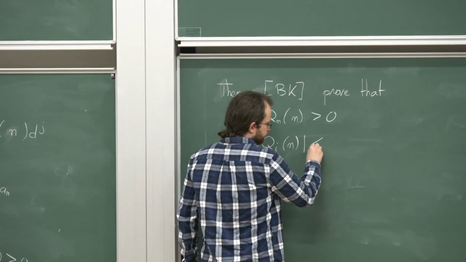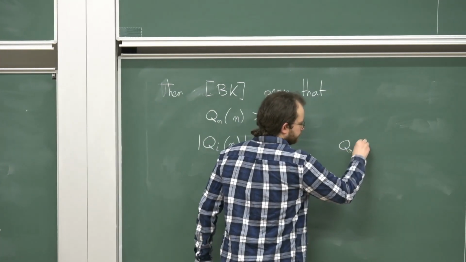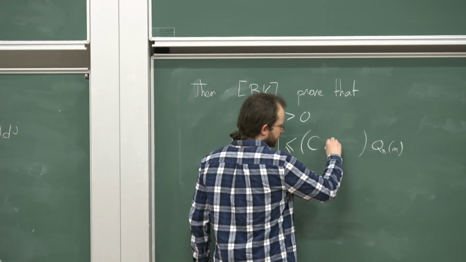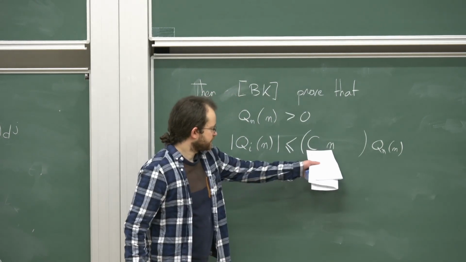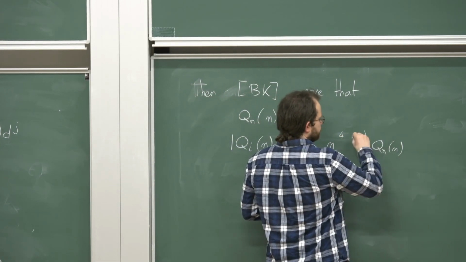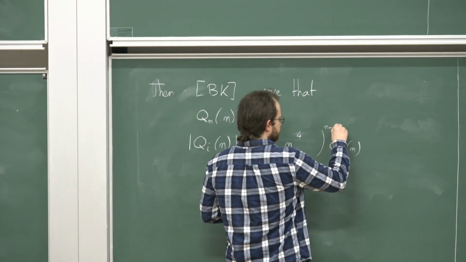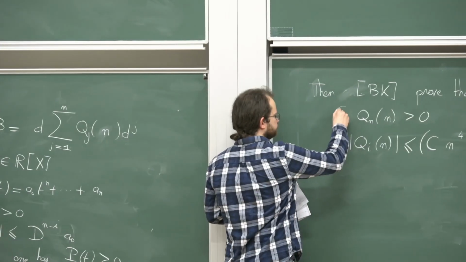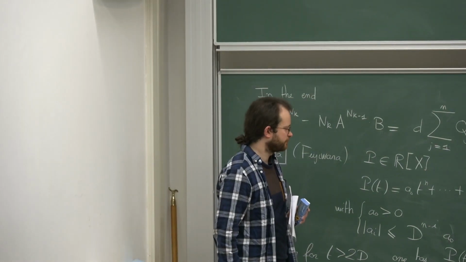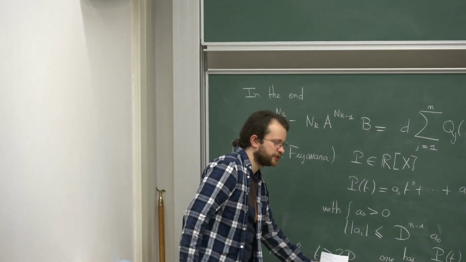their absolute value is bounded by a product of the first one times some universal constant, say c, times n to the power 4, again, n minus 9. And so this c times n to the power 4 plays the role of d here.